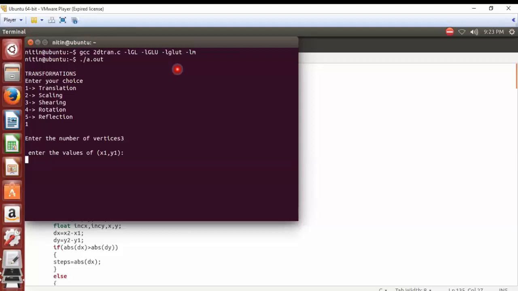Let's say we are having these 3 points, point A, point B, point C. Point A with xy values 10, 10. Point B with xy values 15, 20. Point C with xy values 20, 10. Let's give this as input.